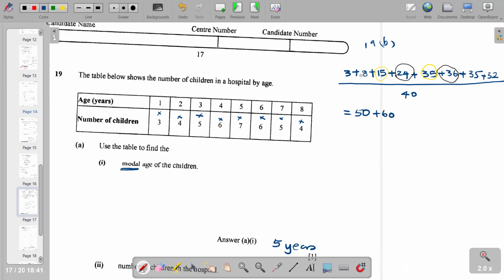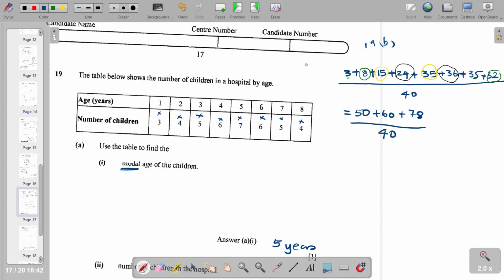Then this 8 and this 32, it's a 40. Then this one, 75, and this one's 78. So it's going to be plus 78 over 40.